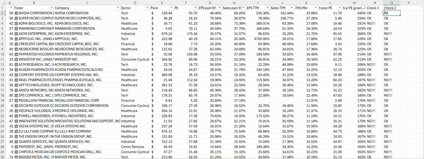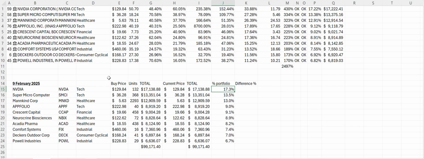So I would need my two checks to pass, the 5 year growth to be high. So that's how I've ranked them. Now I've extracted the top 10 shares. All right, 1 through to 10, top 10 shares.